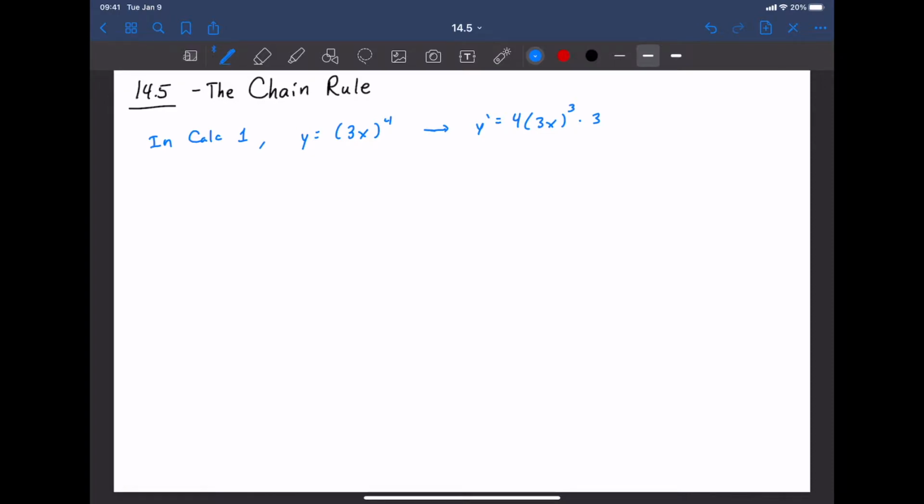Formally, what we can do, you may have seen this, you may have not seen this, is you could let u equal 3x. And so when we have two things going on, we have y equals u to the fourth, and we have u equals 3x.